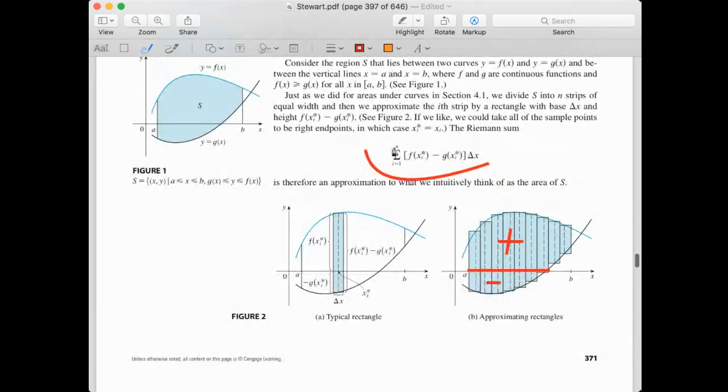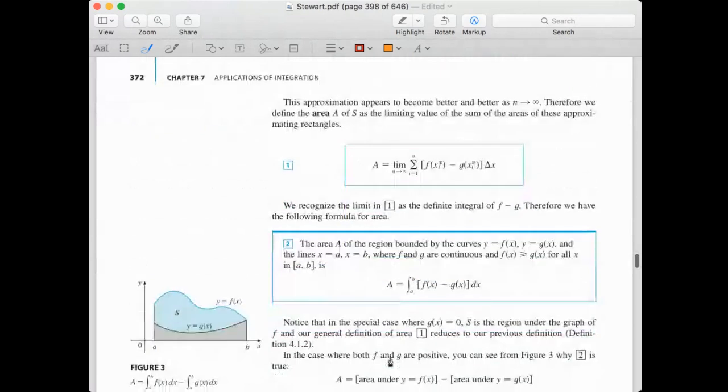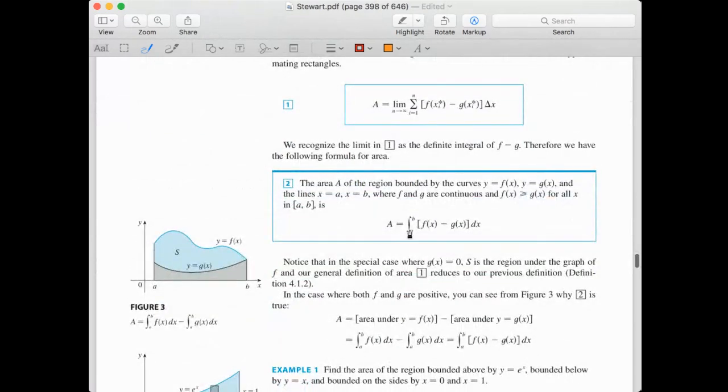Then we let n run to infinity, so that becomes an integral. The idea is still the same: take a limit, let n run to infinity, and it becomes this notation, the integral from a to b of the top function subtract the lower function.